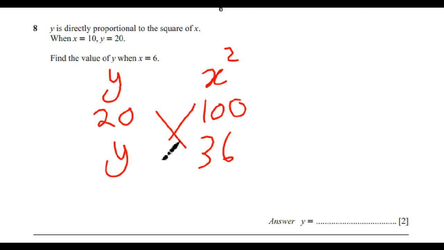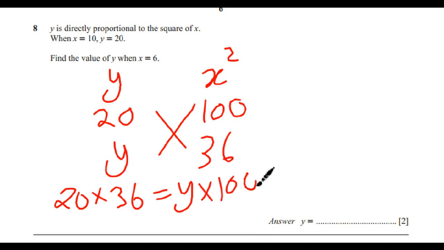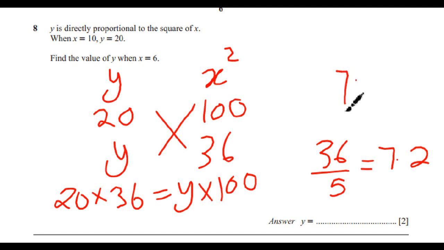So for now, cross multiply. 20 times 36 is equal to y times 100. Make y the subject and you'll get 36 over 5, which is 7.2, or you may just write it in mixed form. 5 sevens are 35 and then 1 as remainder.